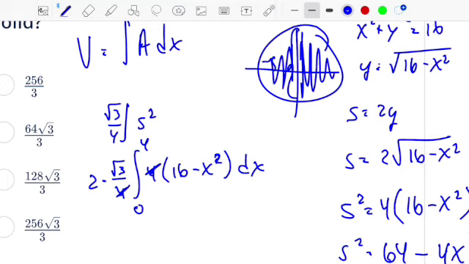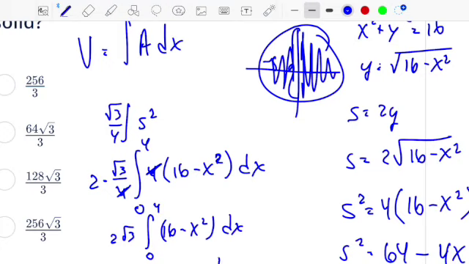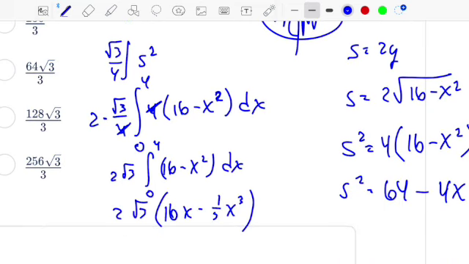So that's going to be 16x minus 1/3 x cubed, multiplied by 2 root 3, evaluated from 0 to 4. If we plug in 0, everything's 0, so we've got to plug in 4.